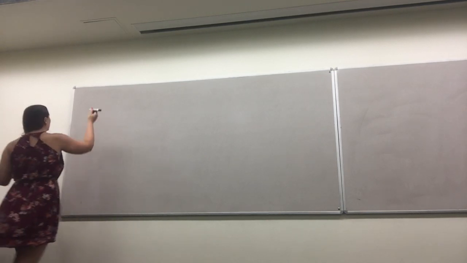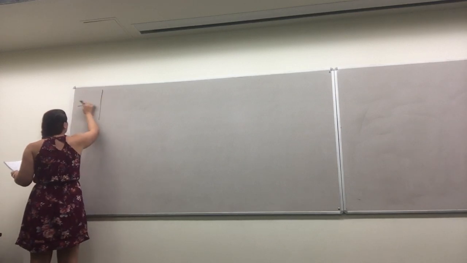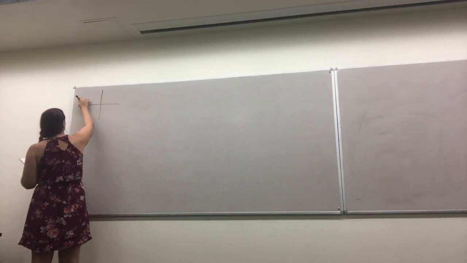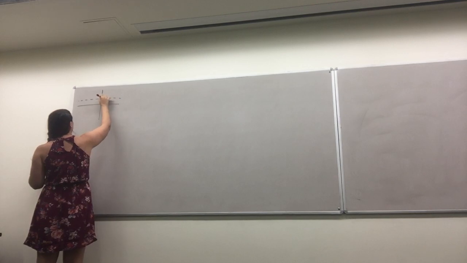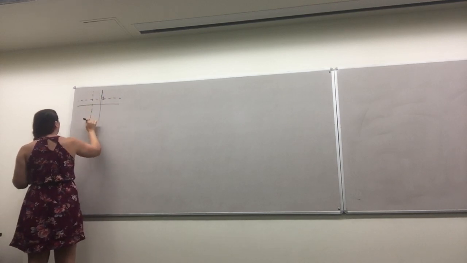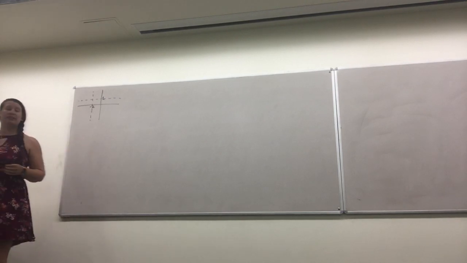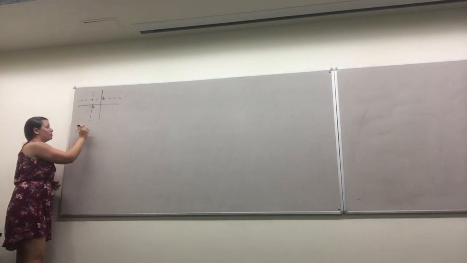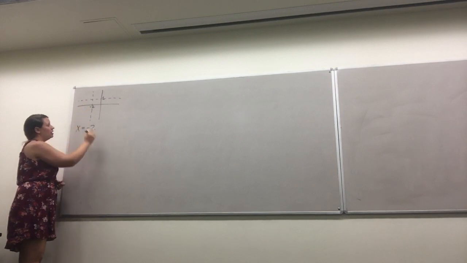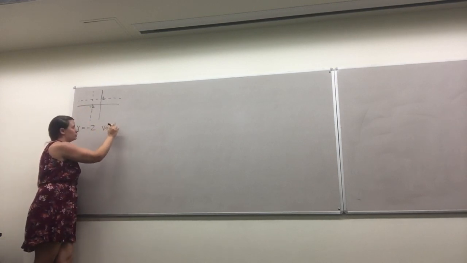So, just as an example, if we have x at 1 and then here at -2, we're saying that x equals -2, so this one right here is a vertical asymptote.